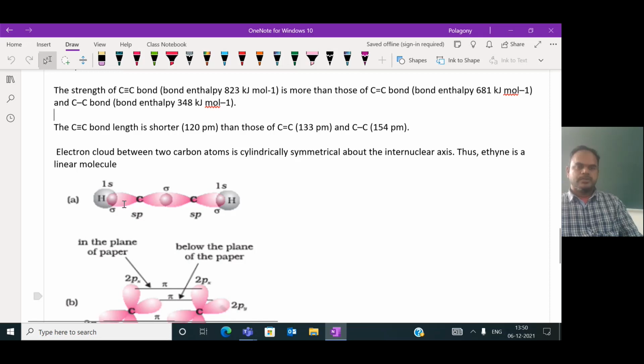One sigma bond between carbon and hydrogen, another between carbon and carbon, and another between carbon and hydrogen. All the sp orbitals and the 1s orbitals of hydrogen lie on the same plane, so the bond angle we get is 180 degrees.